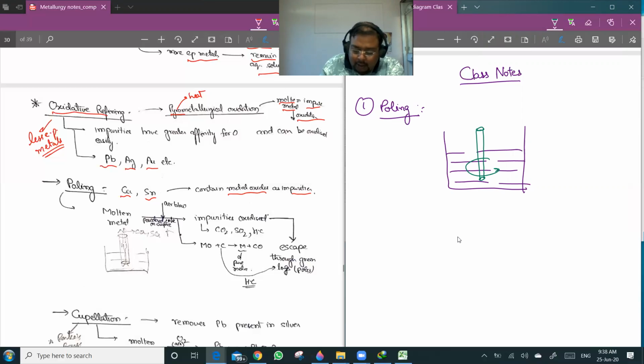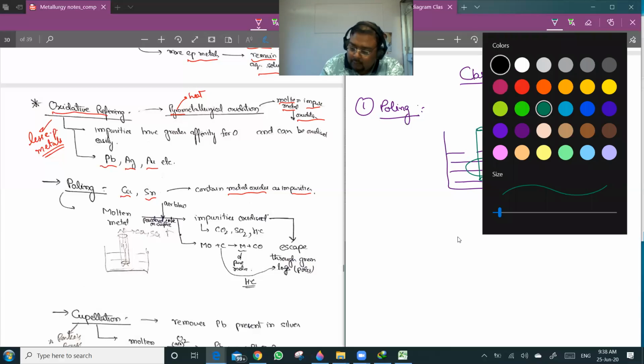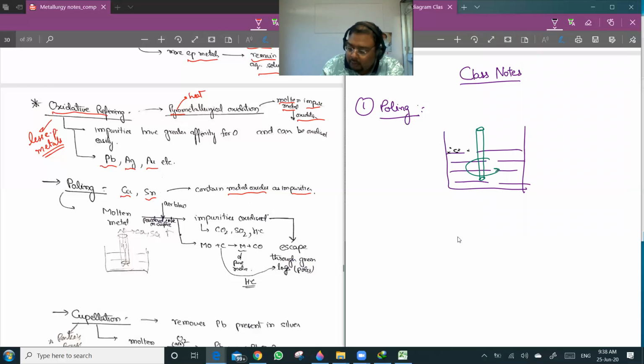We are also adding powdered coke on the surface and blowing hot air onto the surface.